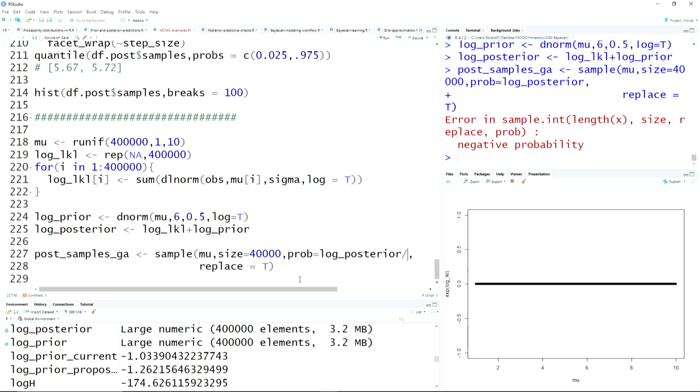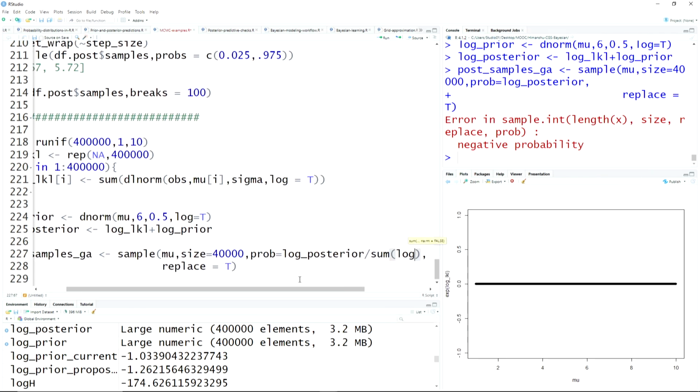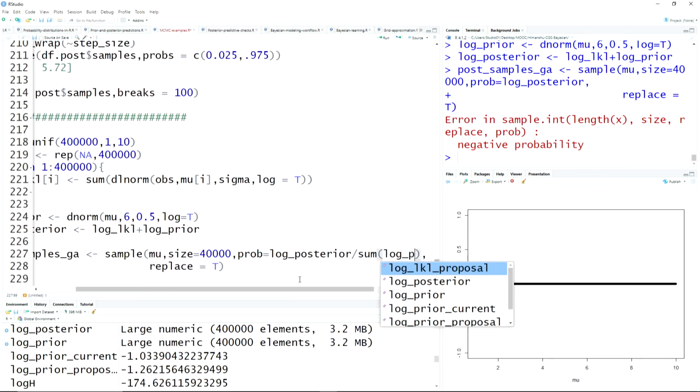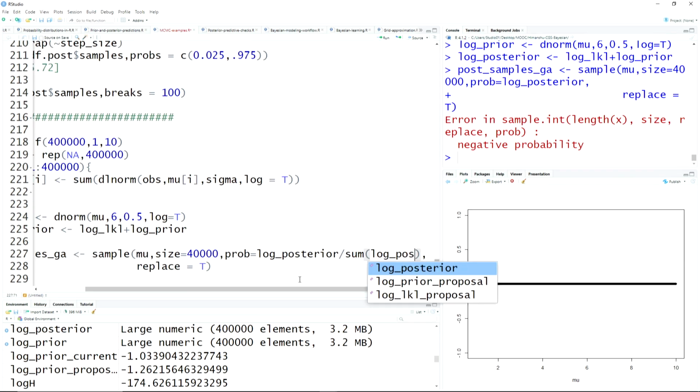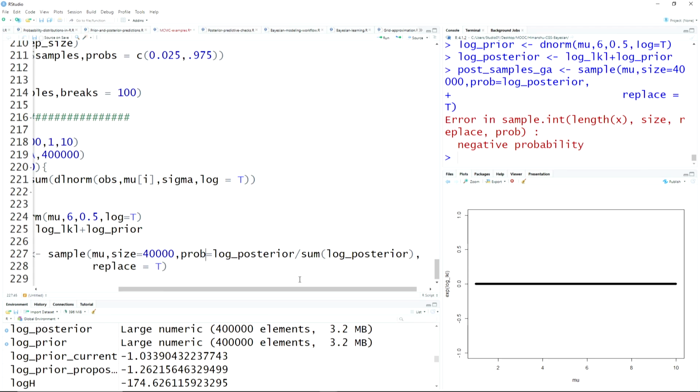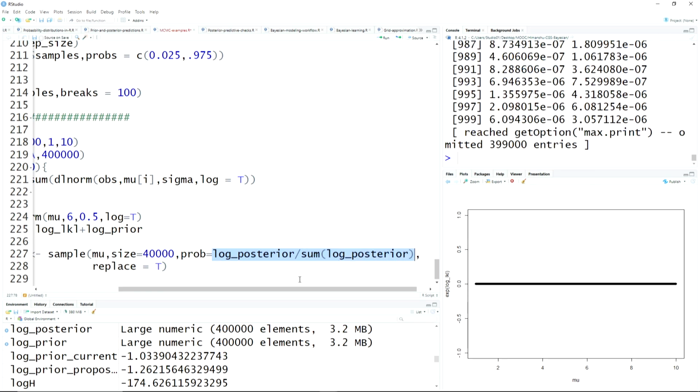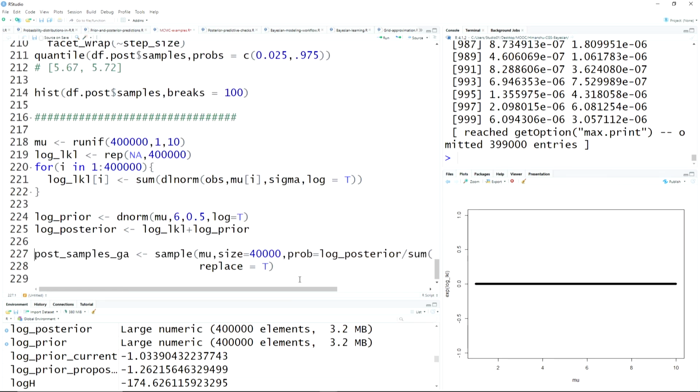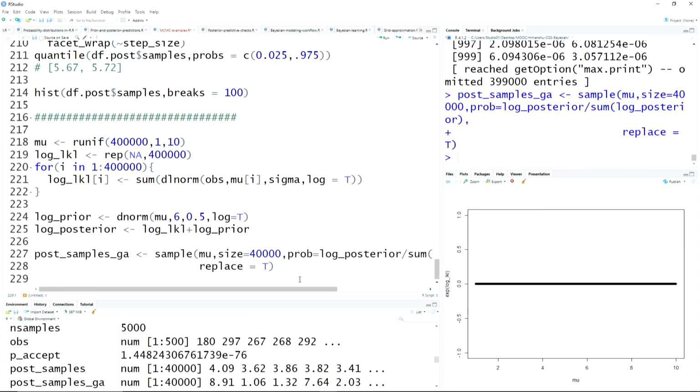So what we can do is something like this. So basically you have normalized these log posterior densities, right? So this may work now.